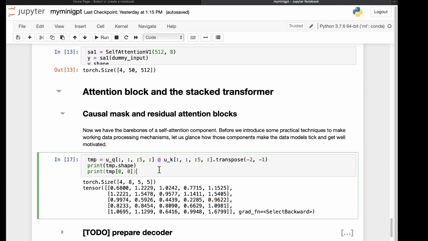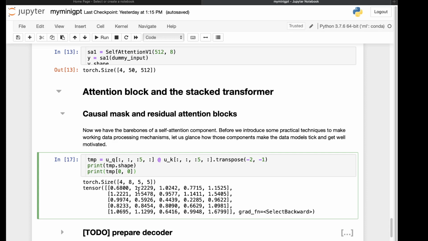Here are some further processing steps. I think it's better to just introduce them here. Instead of directly using those raw attention scores to combine the value vectors to form the output, we convert this into probability distributions.